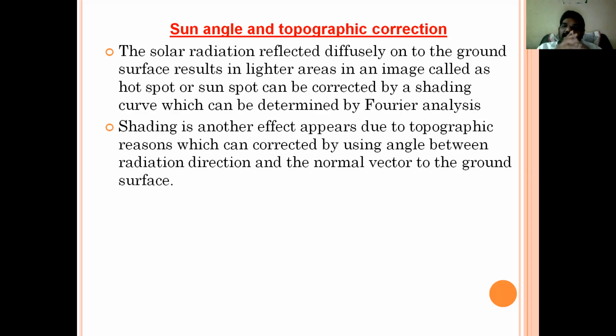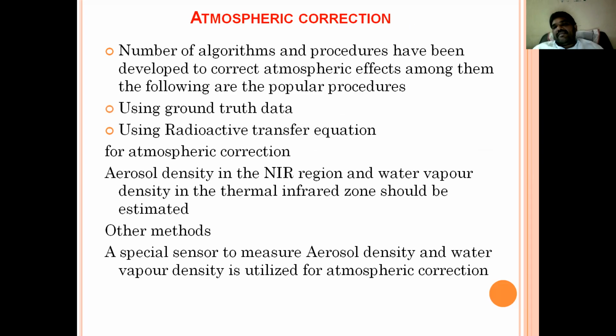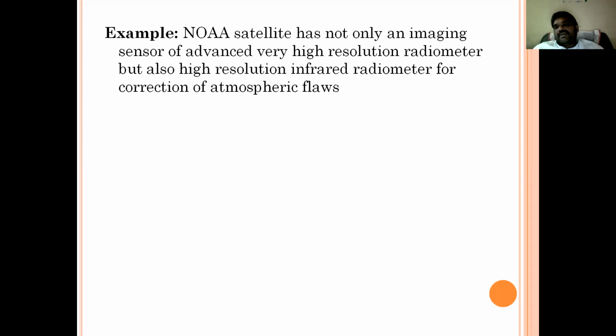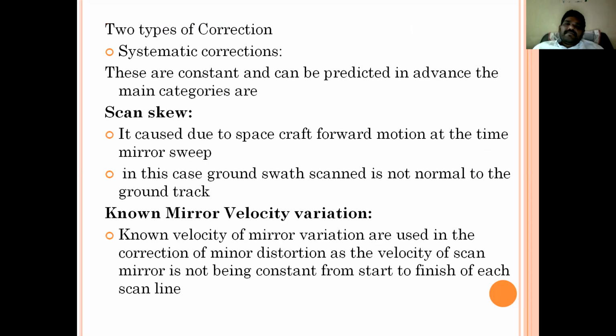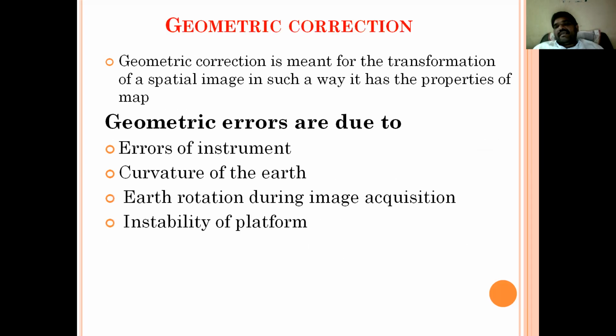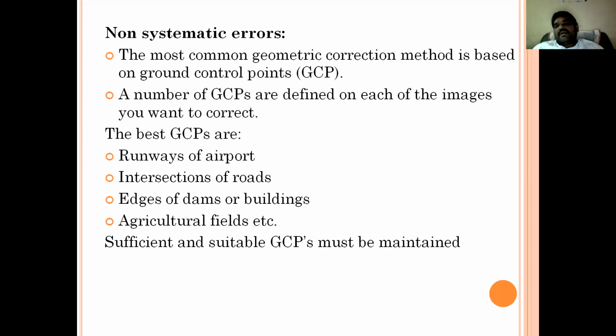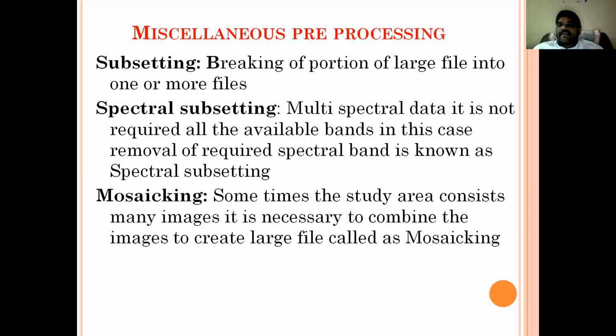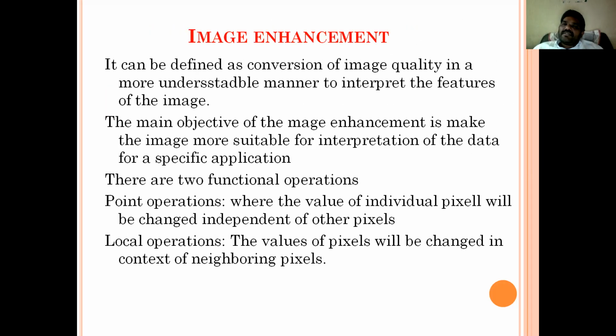While you are listening to this class, it will be very easy for you, but when you are attempting the answers in examinations, you may not remember, because I told you in the beginning itself, the terminology is different when compared with the other subjects. Okay, see here, scan skew, non-mirror velocity, here under geometric correction, and then non-systematic correction, followed by miscellaneous pre-processing, then image enhancement.